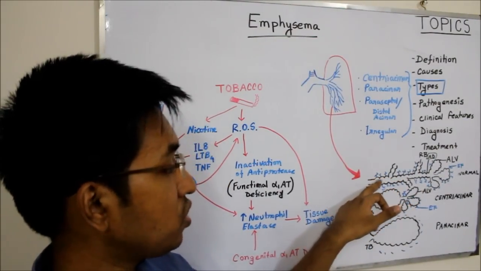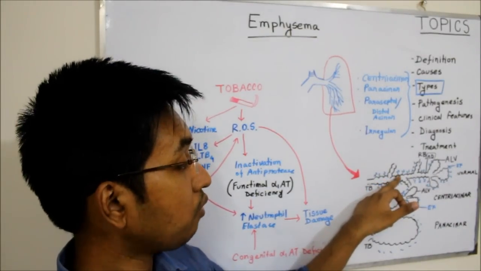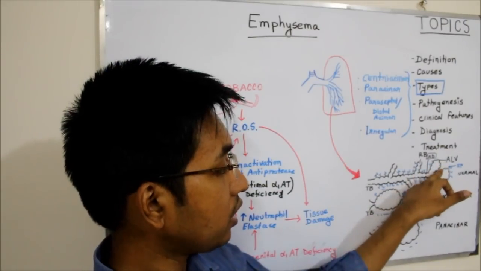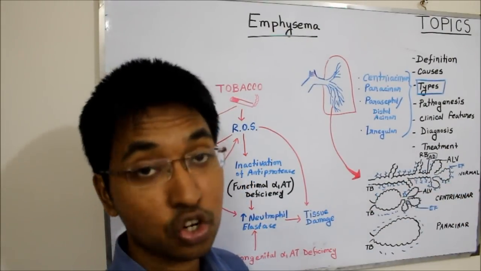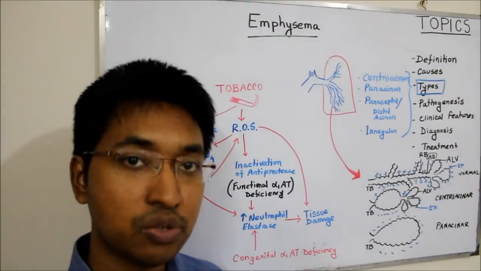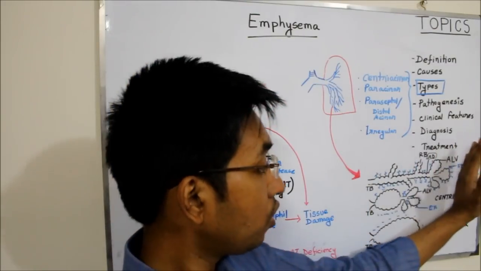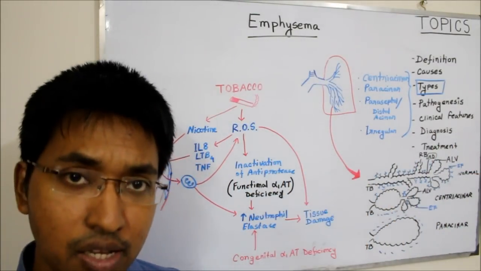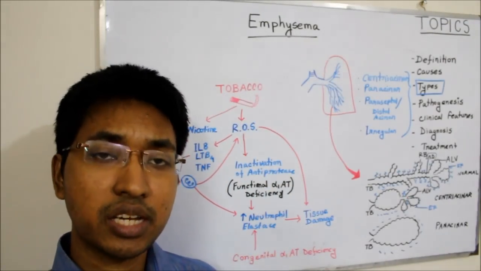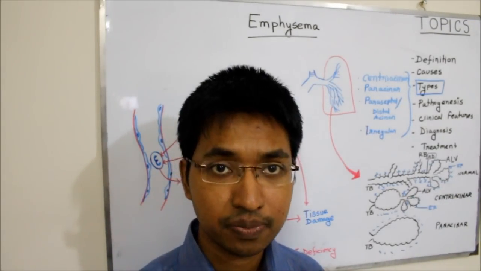So my finger is now just over the respiratory bronchiole, and we will also have alveolar duct, alveolar sac, and inside the saccular structure we will have alveoli where we will have gaseous exchange. In fact, gaseous exchange will occur in the entire respiratory zone. Okay, and in case of emphysema, that part is getting irreversibly or permanently enlarged.